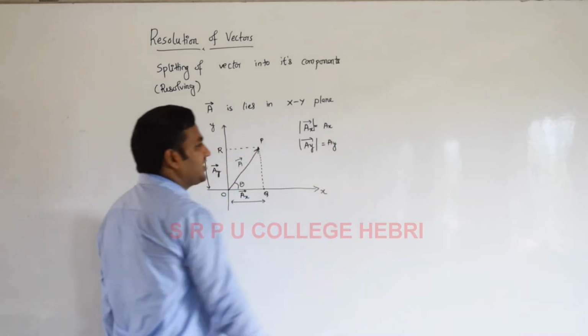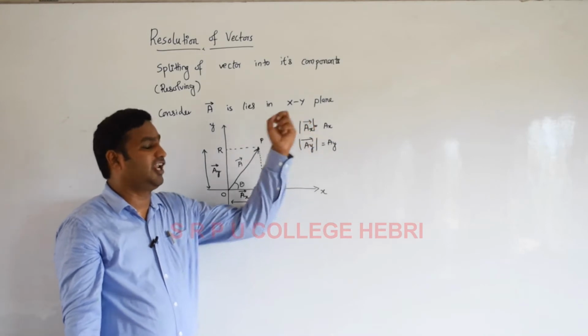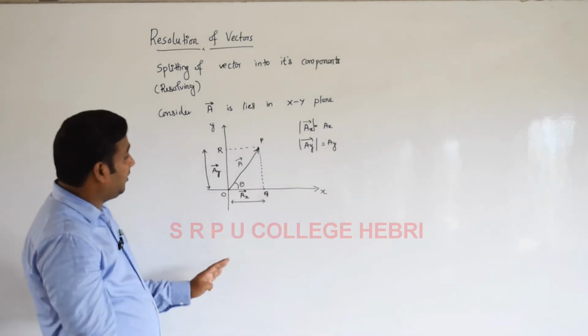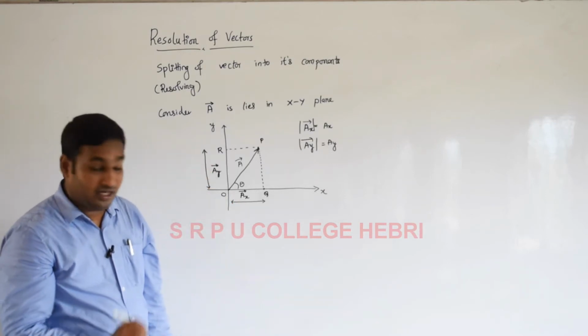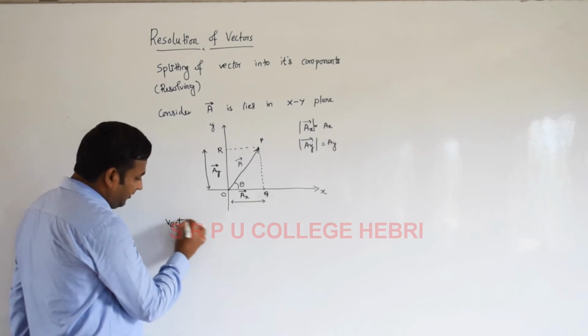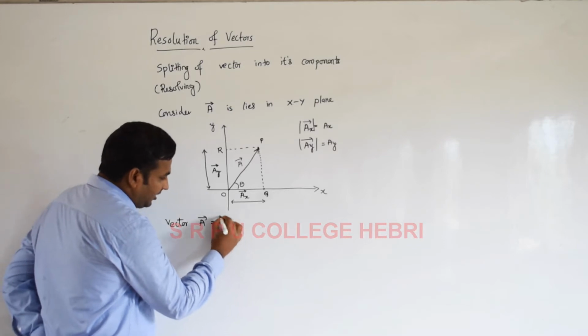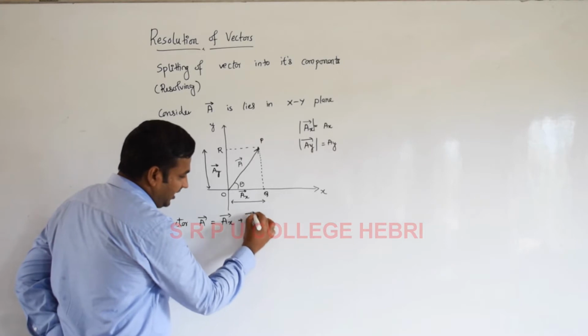Here AX and AY are the magnitudes of the component of the vector along the x-axis and along the y-axis. Again, our requirement is to find AX and AY. And dear student, here vector A is equal to vector AX along the x-axis plus vector AY along the y-axis.